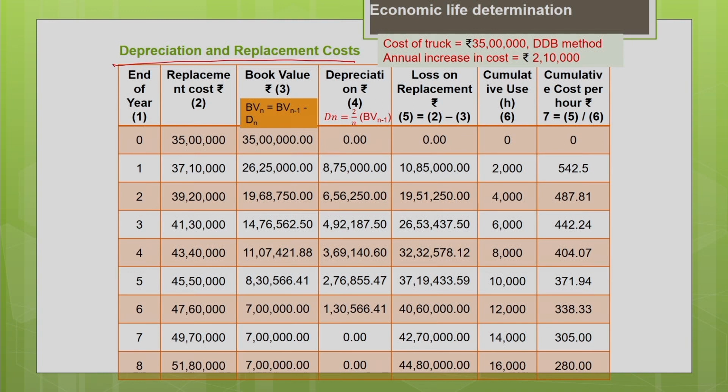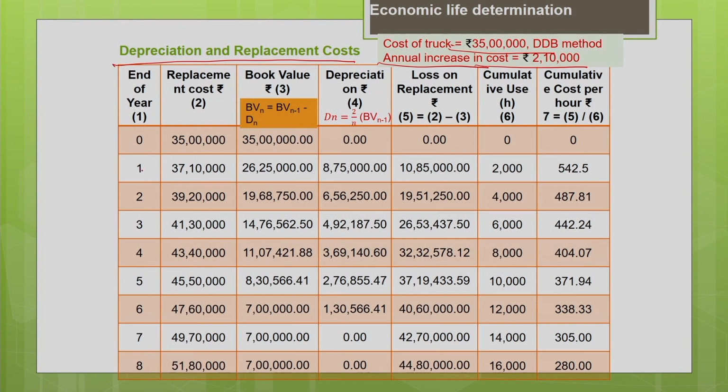As I told you, due to inflation there is an increase in the cost of the machine every year. It is given as input data in the problem that the initial cost of the truck is 35 lakh, and the annual increase in the cost is rupees 2,10,000 every year, due to inflation.